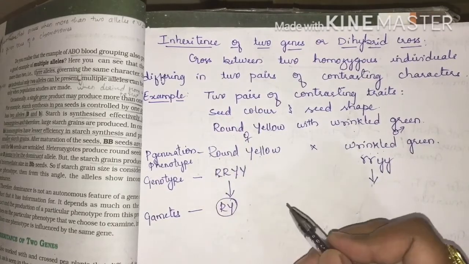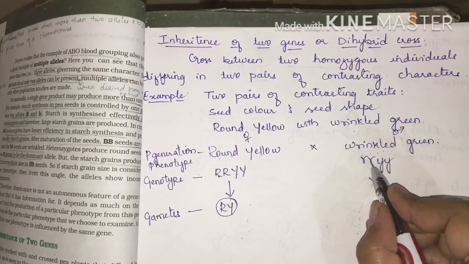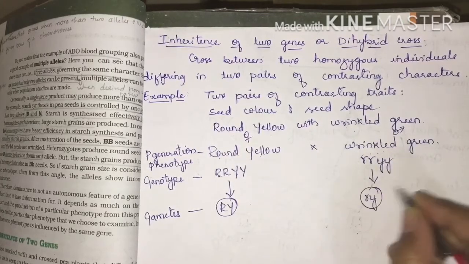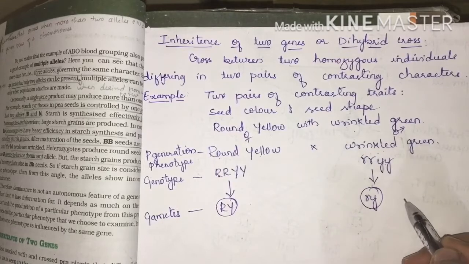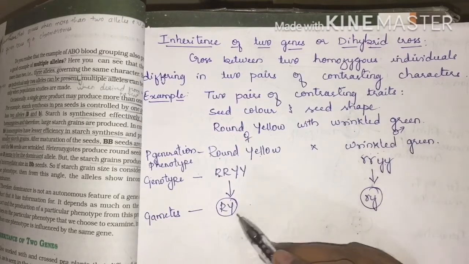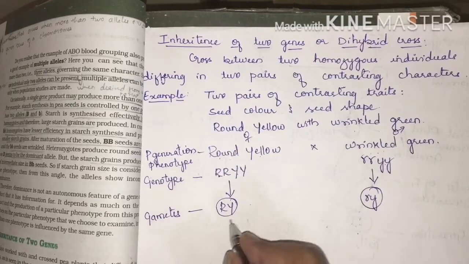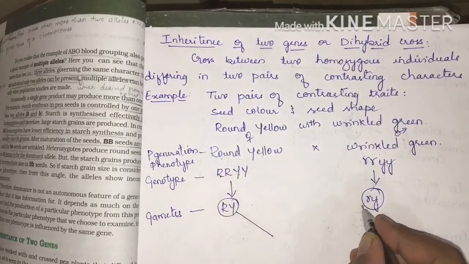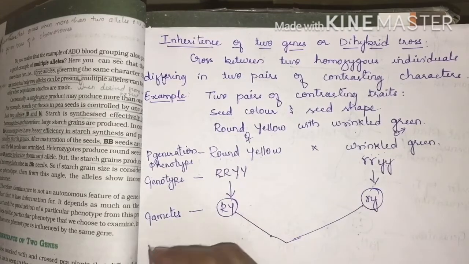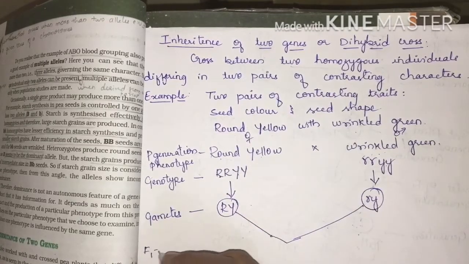One more copy of it, if you want, you can write. Next one is small r, small y, and one more copy of it if you want. After meiosis gametes are formed, and then there will be fertilization. So fertilization results in formation of the F1 generation.